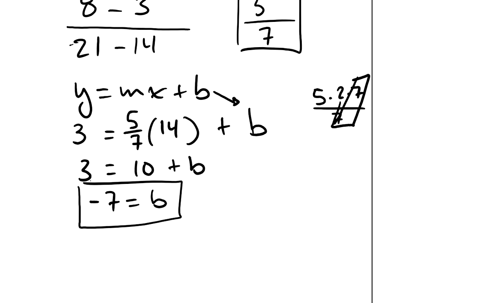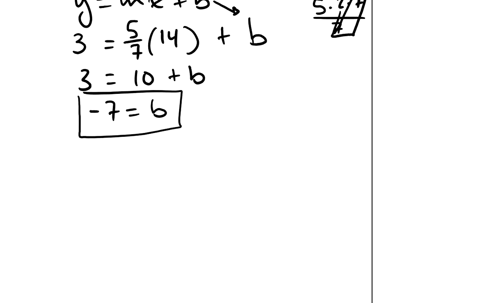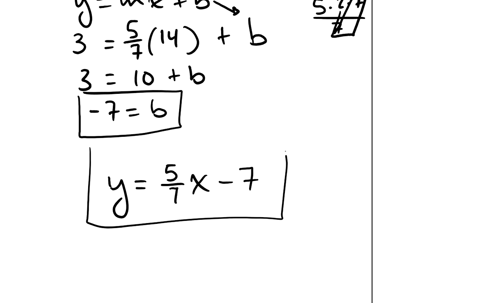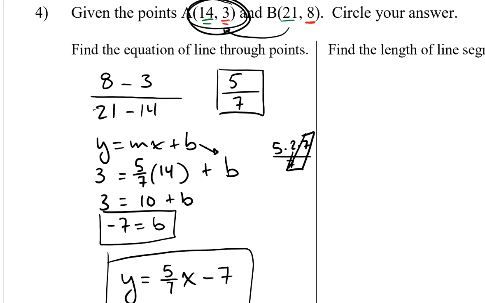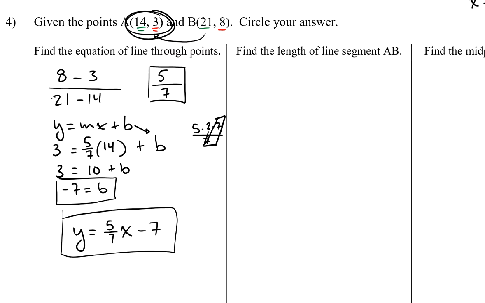I know both my y-intercept and the slope at this point, so I can write the equation of the line. The answer to this would be y equals 5/7, up 5 over 7, times x, and then minus 7. So this is the equation of this line. And one of the things that has to be true, just as a check here, is if this really is the equation of the line, both of these points have to satisfy it.